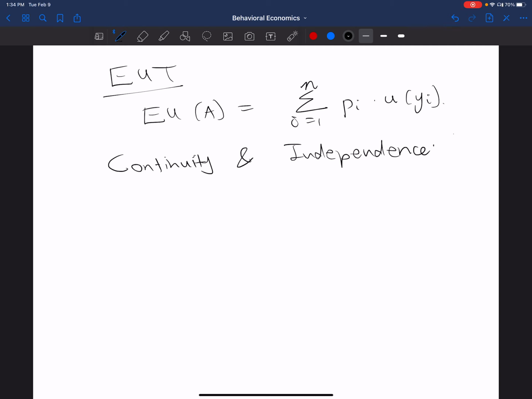Remember that little funny kind of curvy greater than sign. So imagine three different bundles or outcomes, Q, R, and S. And we say it's true that Q is preferred to R and R is preferred to S. Okay, now we have these three outcomes, Q, R, and S.